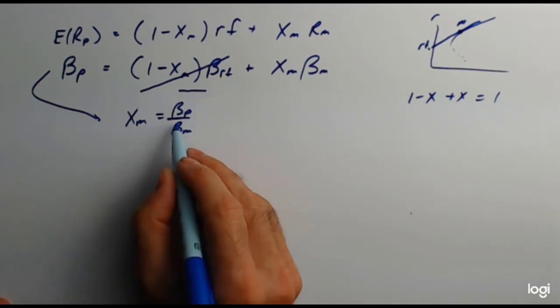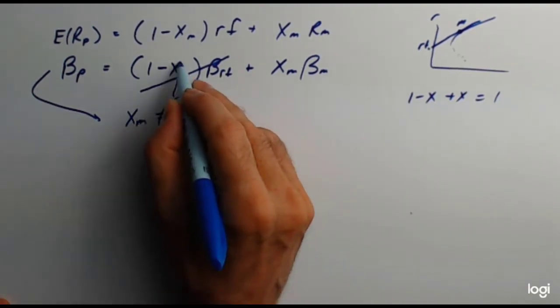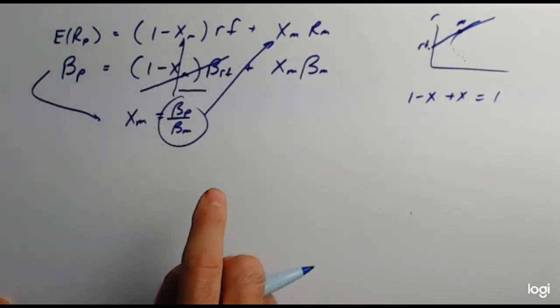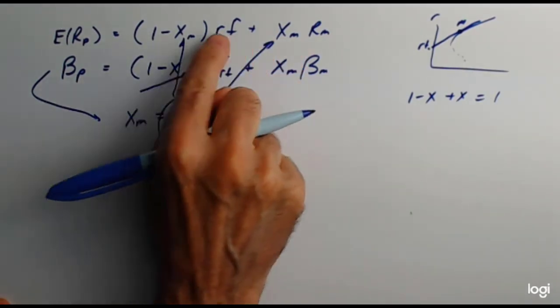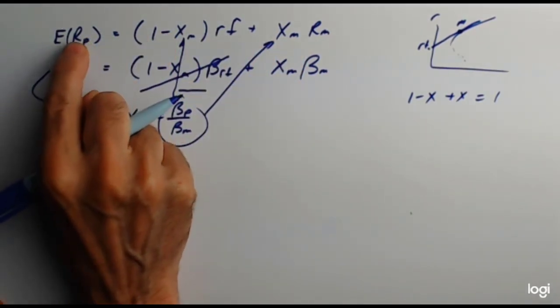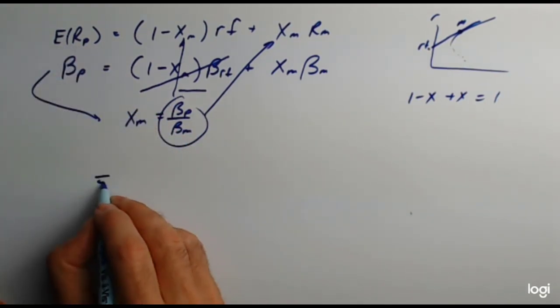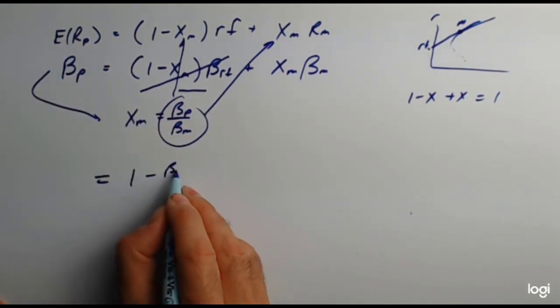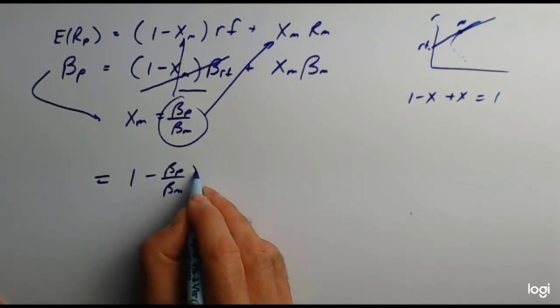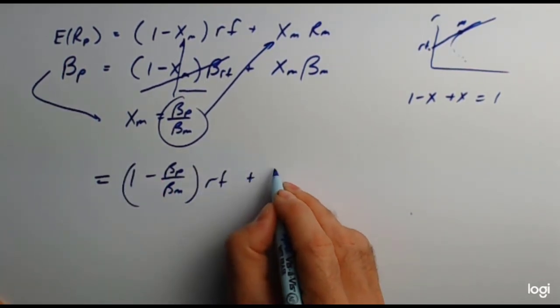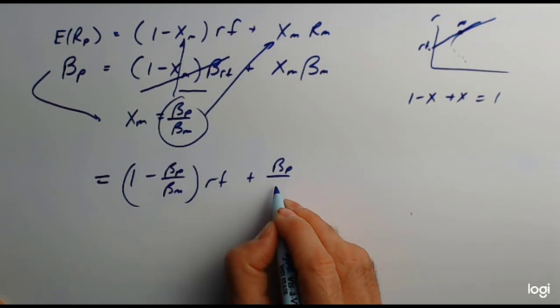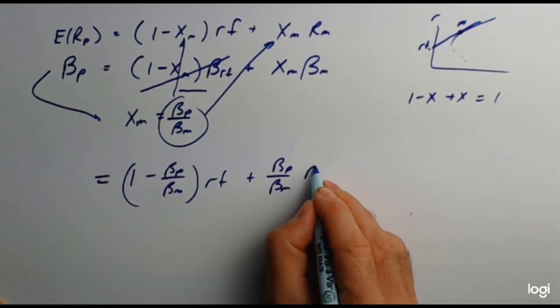Let's plug this into here and here. And now we can determine how the expected return on this portfolio is going to work. That's going to equal 1 minus beta P over beta M times the risk-free rate, plus beta P over beta M times the return on the market.